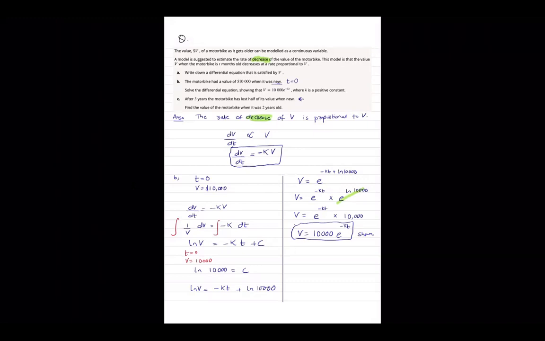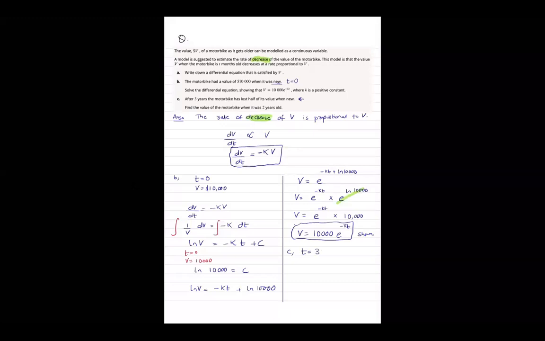3. No, it is not going to be 3. If you read the question again, what is t in? Months. Oh, right. So 36. And V would be 5,000?